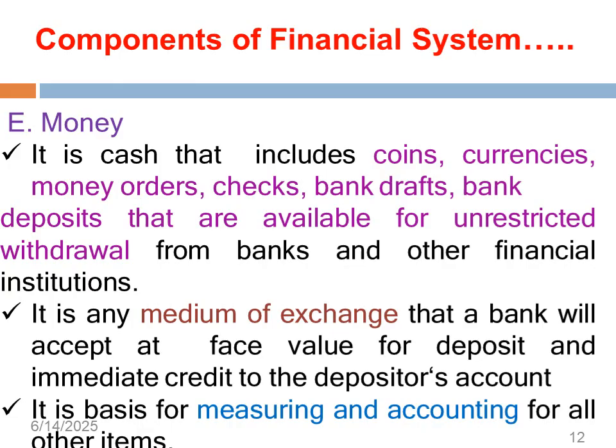It is the basis for measuring and accounting for all other items. Money is used as a medium of exchange, for measuring assets, as a store of value, or as a unit of account.